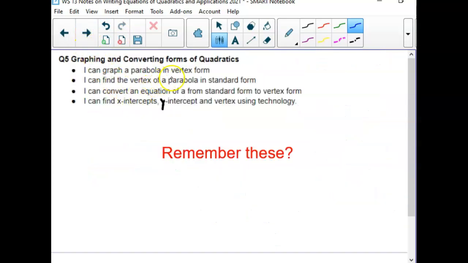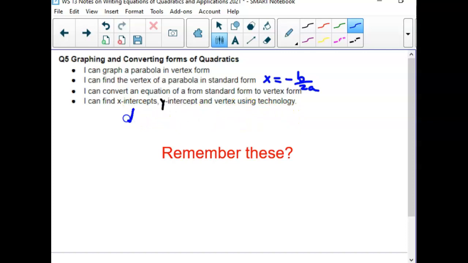These were the standards that we talked about last week. I can graph a parabola in vertex form. I can find the vertex of a parabola when it's in standard form. That's what we just did, negative b over 2a. I can convert an equation from standard to vertex. That's what we just did, the whole question. I can find x-intercepts, y-intercept, and vertex using technology.